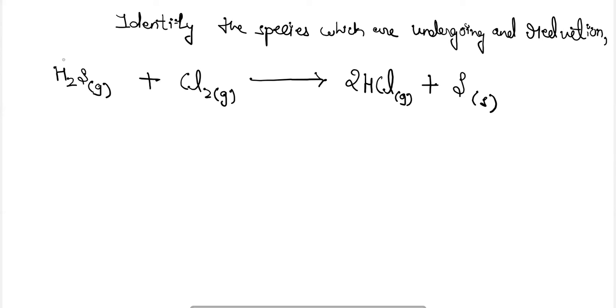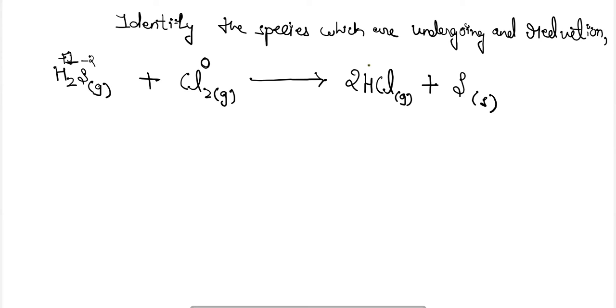So let's see. For that we have to find out the oxidation state for each of the elements on both the sides. So here hydrogen is combined with sulfur. So sulfur is having the oxidation state of -2 while hydrogen is having the oxidation state of +1. Here chlorine is having oxidation state of 0 because when diatomic molecules are formed, they have oxidation state 0.